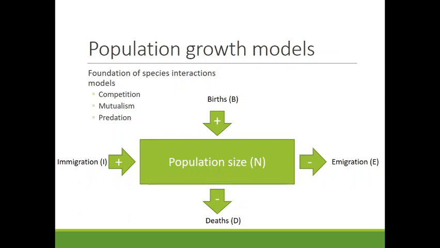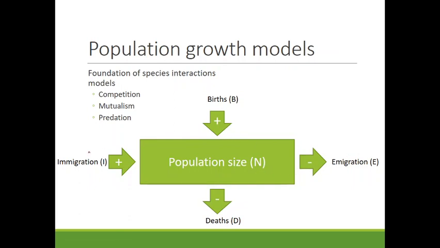Now the most simple way we can think about population growth is that a population will grow by births and immigrants, and then it will shrink by deaths and emigrants. Depending on the amount of immigration and emigration and the number of births and deaths, that population might not grow at all, right? If births equals deaths and immigration equals emigration, then the population size would stay the same.